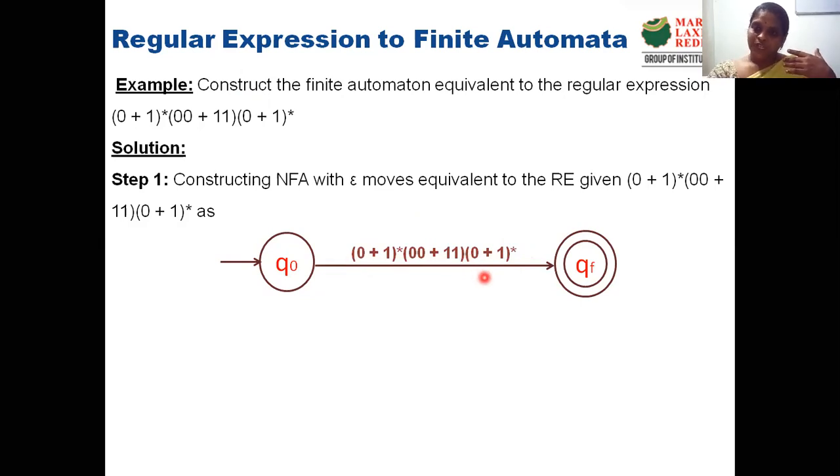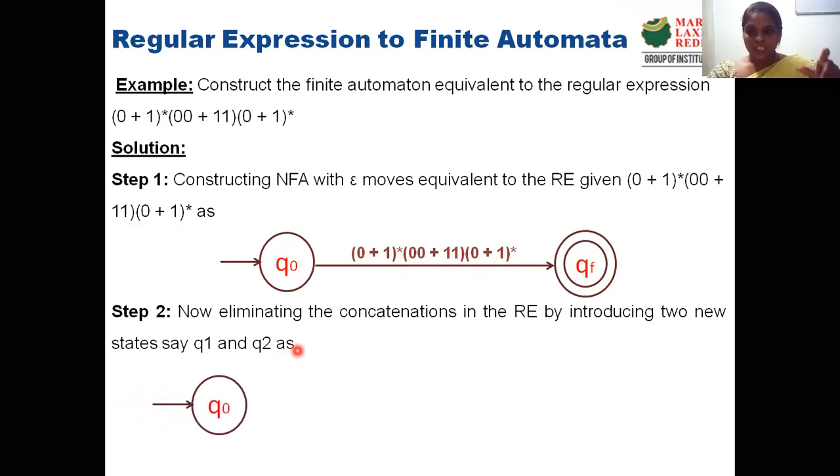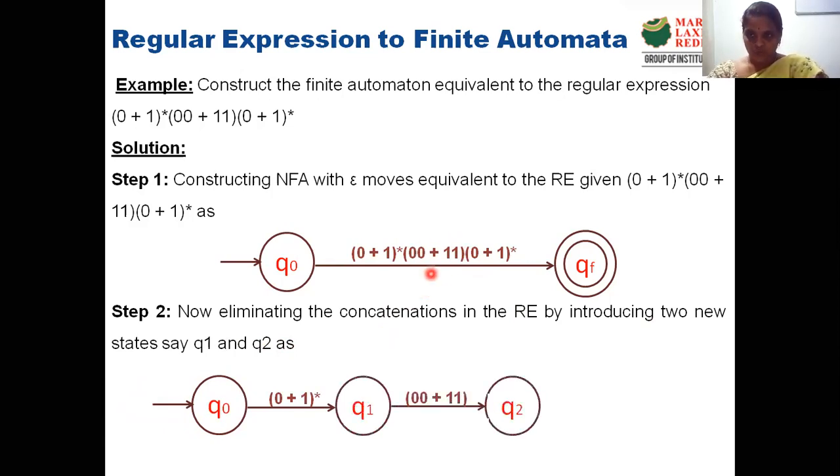So let us break the concatenations by adding two states, say q1 and q2, as q0 is the initial state. From q0 to q1 we'll be moving on the first term, that is (0+1)*, from q1 to q2 we'll be moving on (00+11), and from q2 to qf, the final state, we'll be moving on (0+1)*.